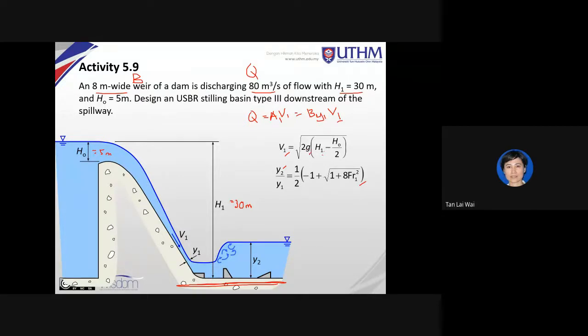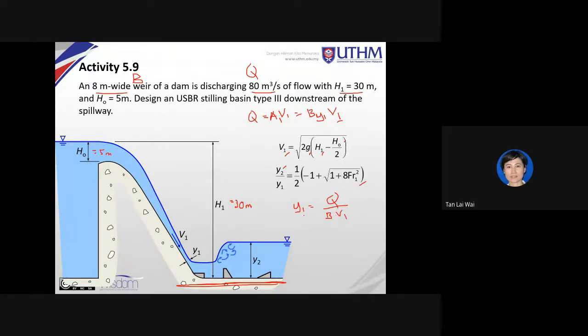Substitute g, H1 is 30, H0 is 5 meter. So you can solve for V1. Once you solve for V1, you can find your Y1, which is Q divided by B times V1. Okay.